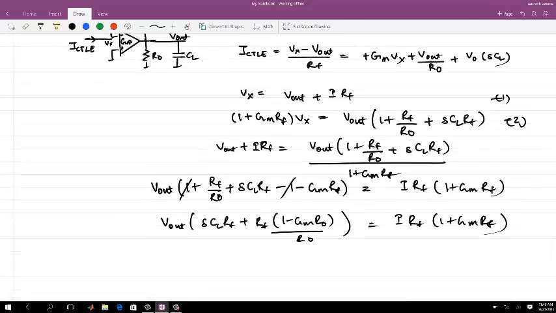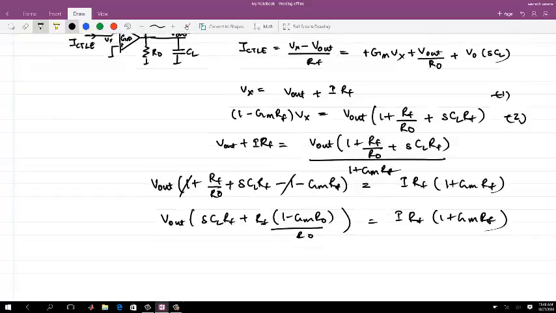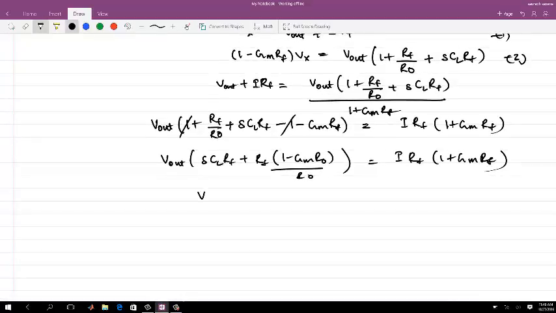So you can work out this equation as such. Let me just write, you will have IRF into 1 plus, so not like this, the Vout by I expression.